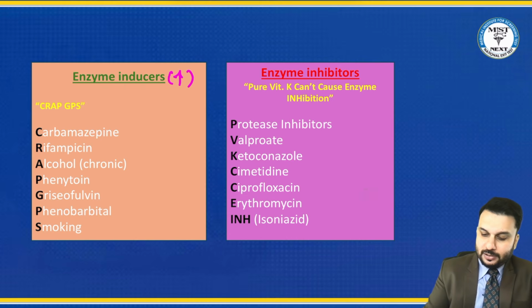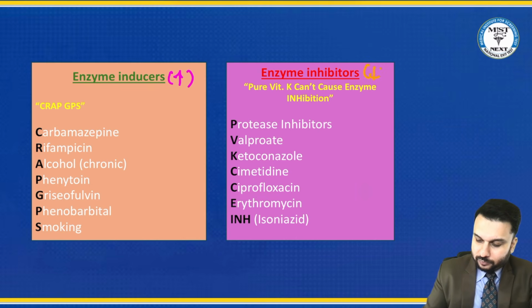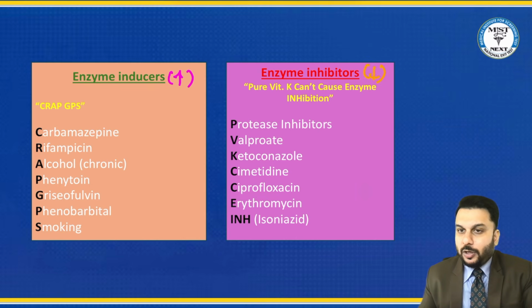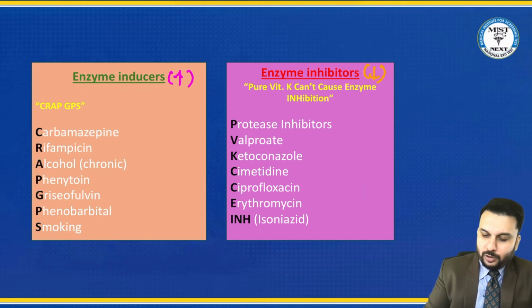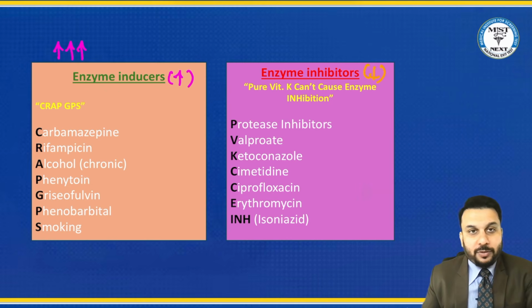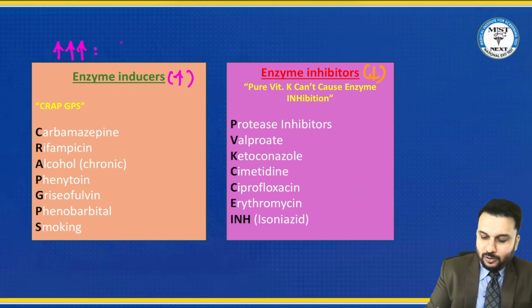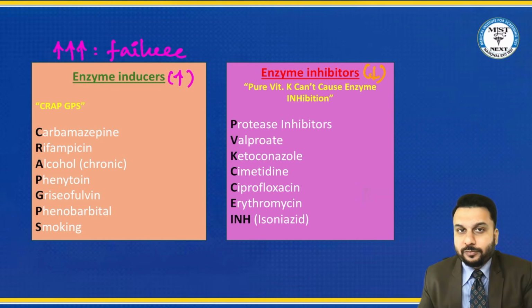And obviously, if this enzyme reduces, that is called inhibition. So what happens due to this? More enzymes to remove the drug means more drug will go out of the body easily. This will not allow the drug to stay back in the body, and this will lead to failure.